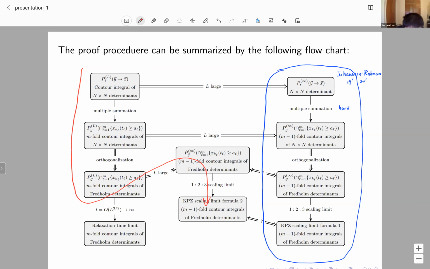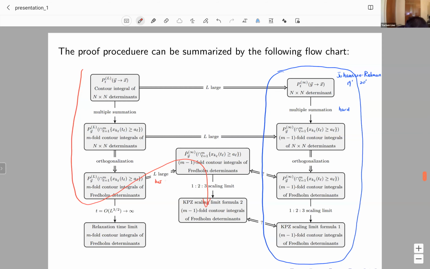And then what you do is you take the period large. What happens is if you take the period large, it reduces to a formula for the full space model. But it reduces to a similar but different formula from the one in the work of Johansson and Rahman.